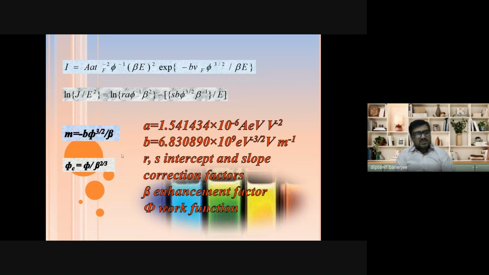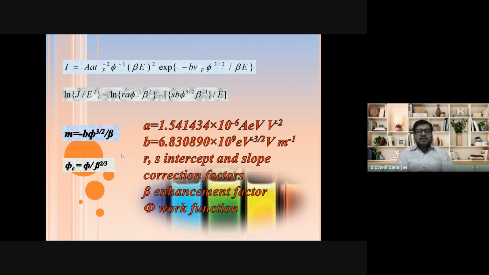What is the basic mechanism of enhancement? We have just seen that in the cold emission phenomenon, the electron is getting emitted at an energy much lesser than the work function of the material.